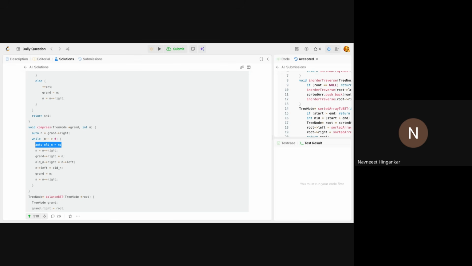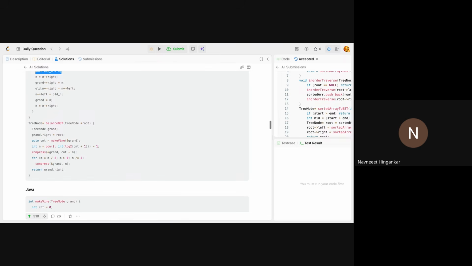So m by 2 plus m by 4, something like that. Okay, I got the gist of it. And compress is basically just the left rotation, I guess. Return grand dot right, and grand is basically then one portion of root. The balance parameter. Okay, got it.